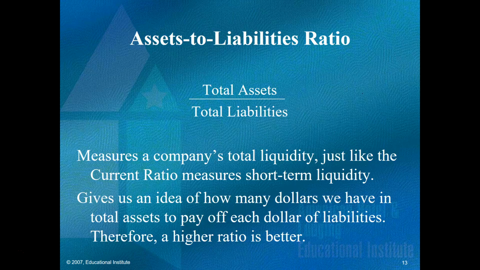It could give you $5 in assets versus $1 in liabilities. It could give you 10. So again, higher in this situation is better. It means we have more assets where, again, the crap hits the fan and we've got to get everybody paid. Can we do it?